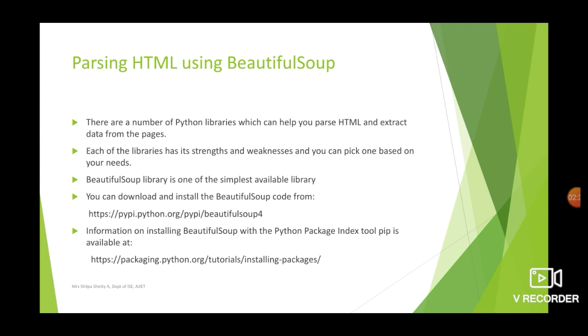The path name is given here, students. I think it's visible here. So this is the path name. You need to download this. Any information related to installing Beautiful Soup is also available here in the lower link.